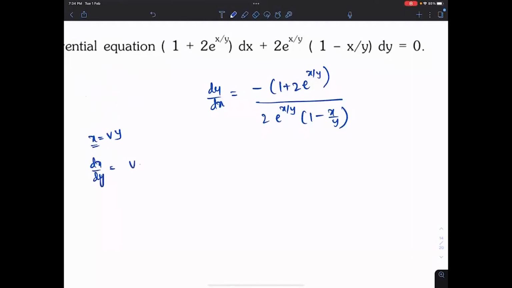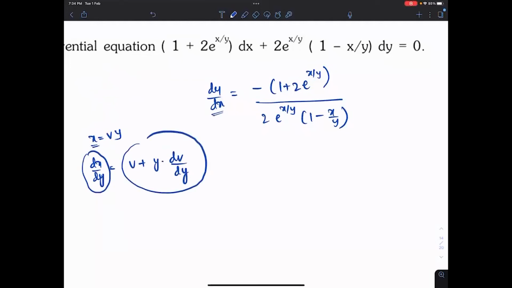What is that? v plus y dv by dy. Correct? So now you need to replace dx by dy by this. dy by dx is that, so dx by dy means just inverse it both sides. So dx by dy will be v plus y into dv by dy. Now everything will get reversed. X equals vy means minus of (1 plus 2 times e power v) by (2 times e power v into (1 minus v)).